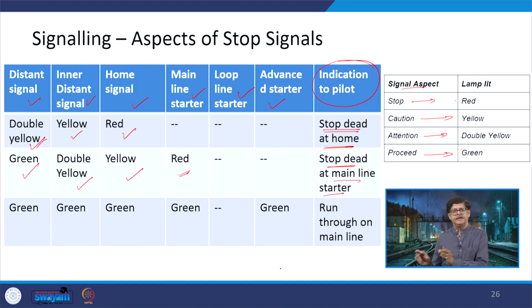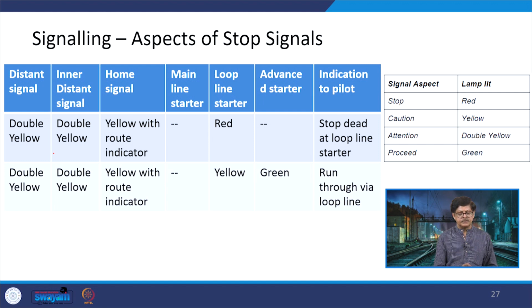So, up to that point the train can come and then can stop. And if it is green, green, green and green for the main line starter, and even the advanced starter also is green, it means this train is not going to stop at this station, it will continuously move. So, it is a run through on the main line with the permissible speed.